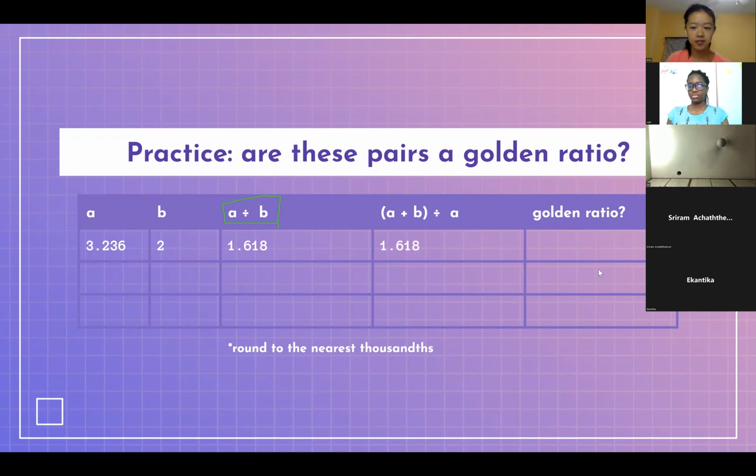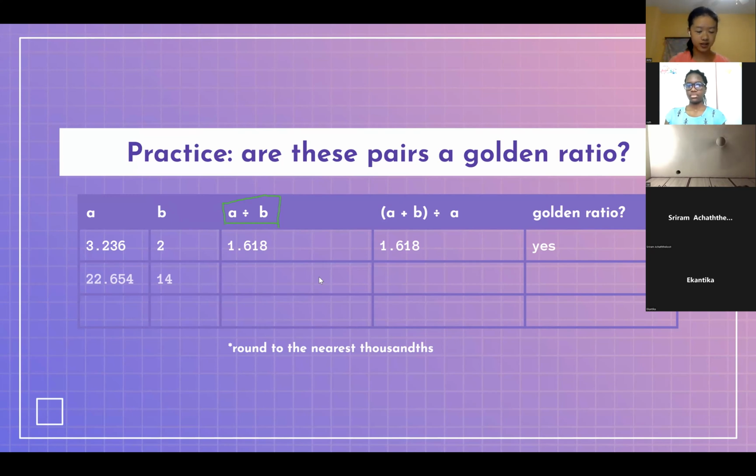So would these two numbers be considered in a golden ratio? Yes, they would be considered in a golden ratio because they satisfy both of these requirements. So the big number divided by the small number and the sum of the numbers divided by the big number both have the same ratio.